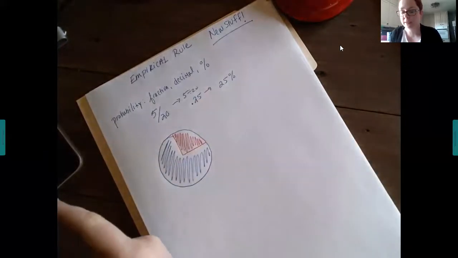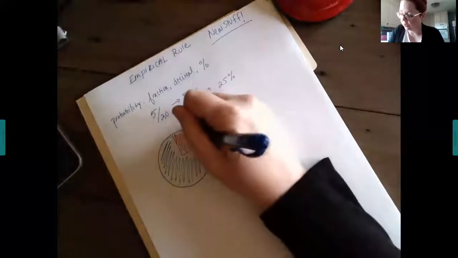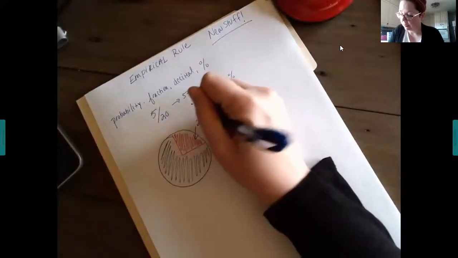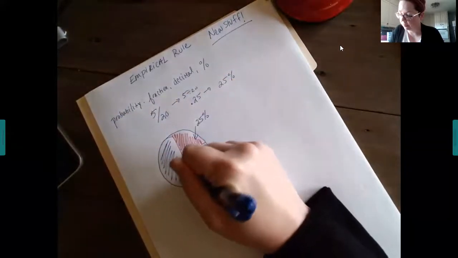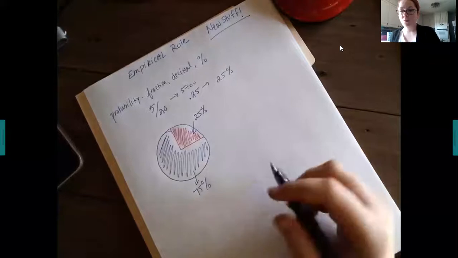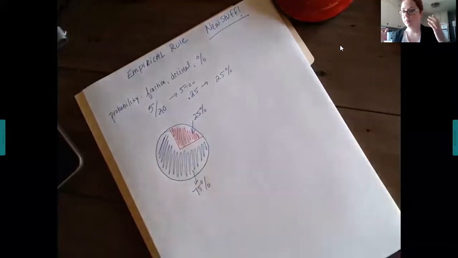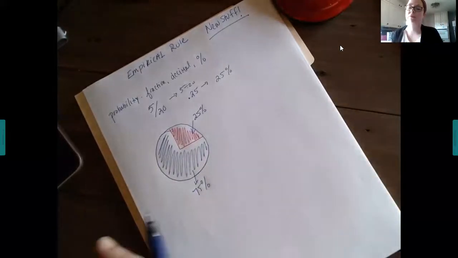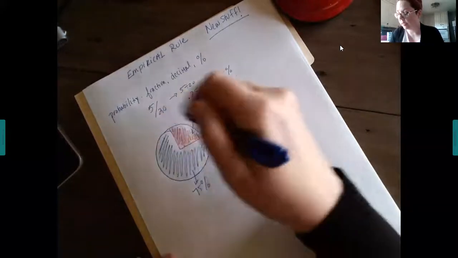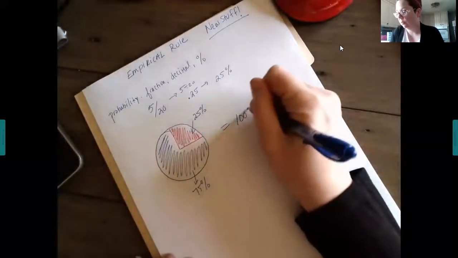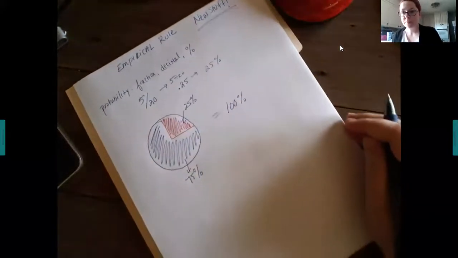Hopefully you said 75%, right? So if this is 25%, that means this is 75%. And where do we get 75% from? Right, hopefully you said that we know that all of this has to equal 100%, okay?